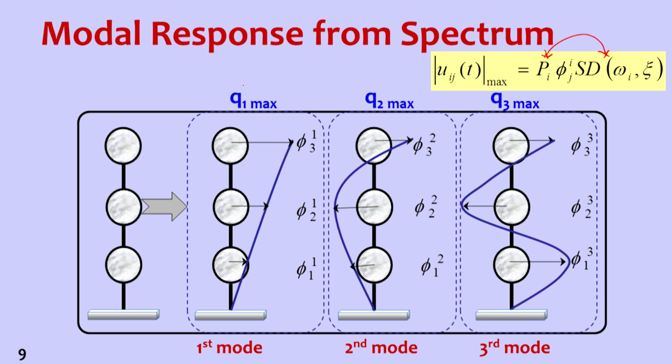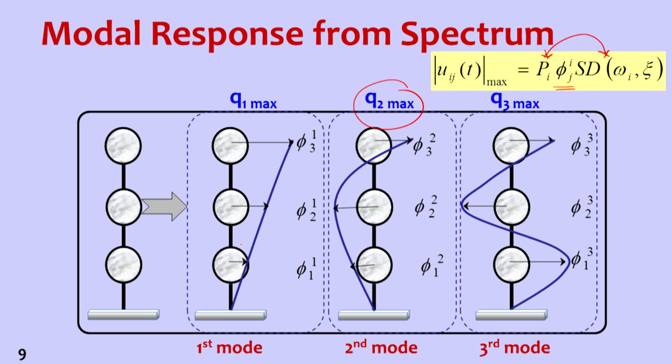So this is the maximum time history response in that mode. Then if we multiply with the mode values, we get phi 1, phi 2, phi 3 of the first mode, phi 1, phi 2, phi 3 of the second mode, and phi 1, phi 2, phi 3 of the third mode. Multiplying Q1 max with these, we get these maximum values.